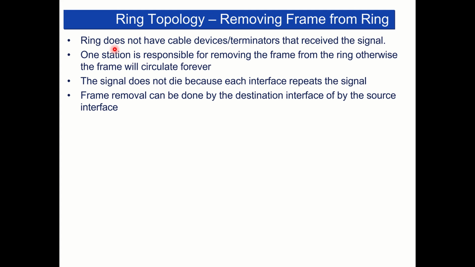We have to understand how to remove a frame from the ring. A ring does not have terminators, unlike a bus topology, where the removal of the frame is done by the terminators. So one station must be responsible for removing the frame from the ring, otherwise the frame will circulate forever in the ring cable, the ring's transmission medium.